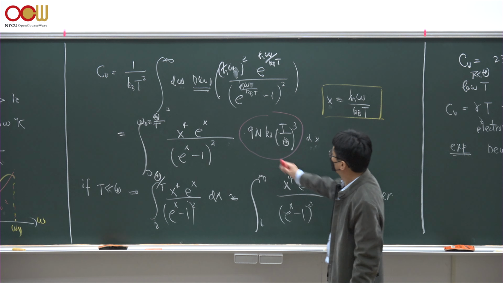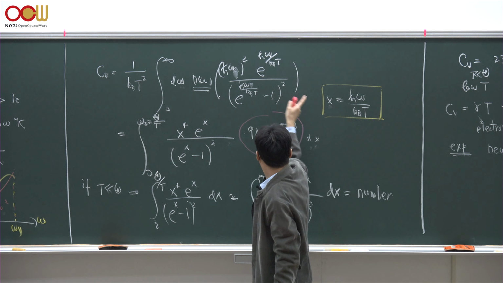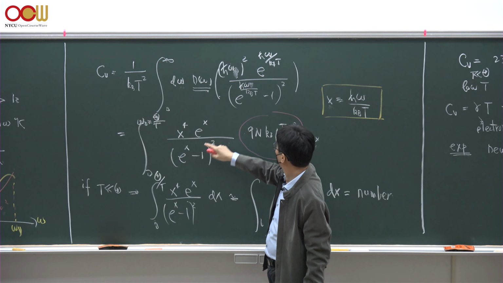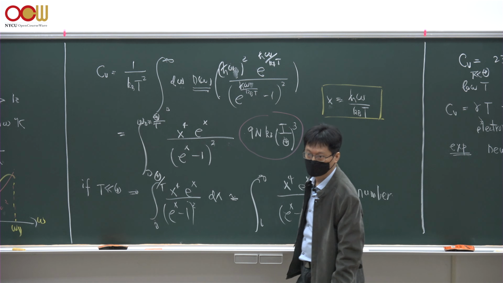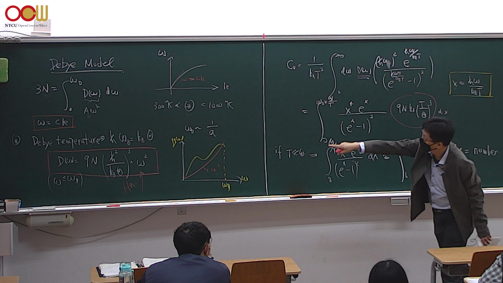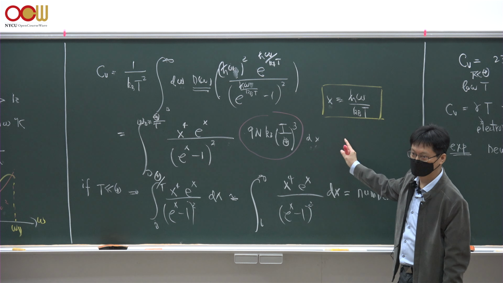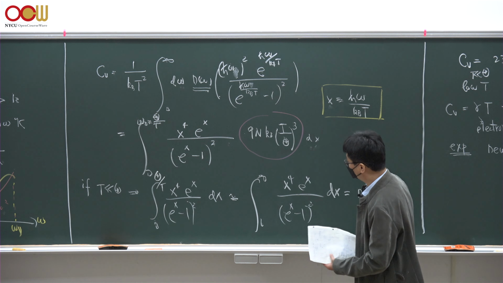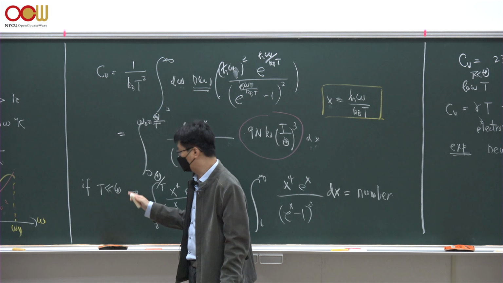This is omega squared, another omega squared, so omega to the fourth, and omega is x, so this is x to the fourth, and e to the x minus 1 squared. Everything just fits, and this prefactor is nothing but the omega over there. Is that clear?